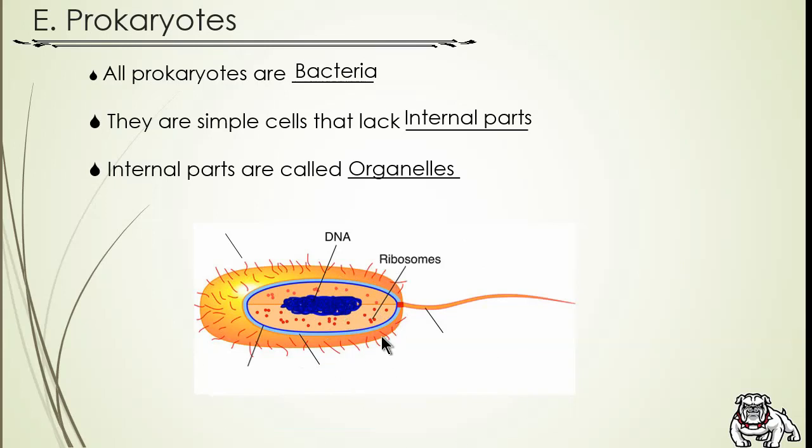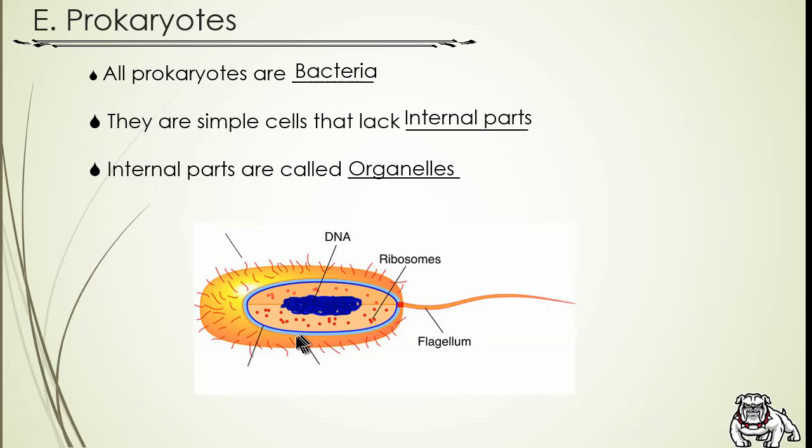Over here, the little red dots are called ribosomes, and we'll learn later that the ribosomes are responsible for making proteins. That's the protein maker. Over here on the far right, you got this long whip-like tail. Not every bacteria has these, but I introduced it here, and we'll take a look at a video shortly on the flagellum. Kind of a tail to help move things around.